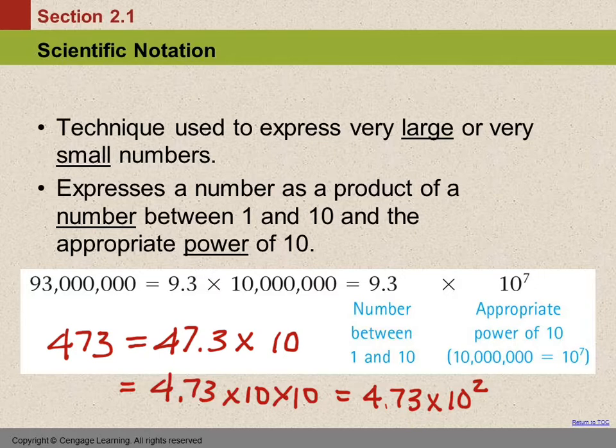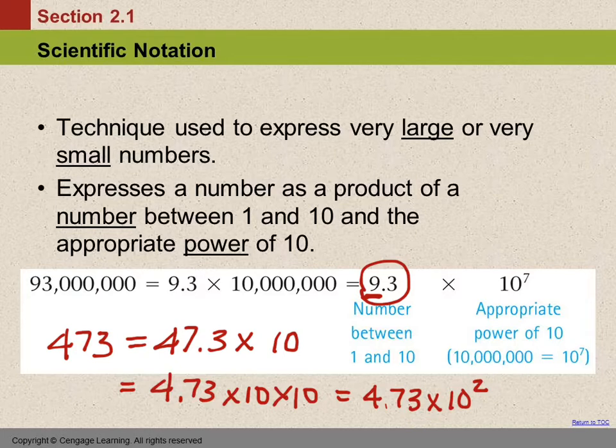So what we're doing is we're just factoring out powers of 10, and we're always going to do that so that this number is between 1 and 10. You're going to have a number, and then possibly one digit, and then possibly a decimal point and any other digits. But it'll never be less than 1 or greater than 9. It'll never be 10 or greater.